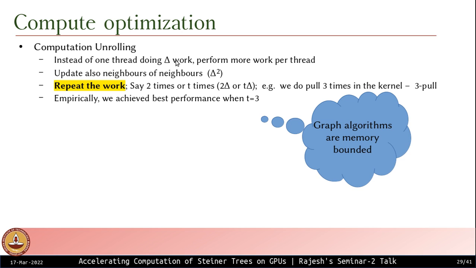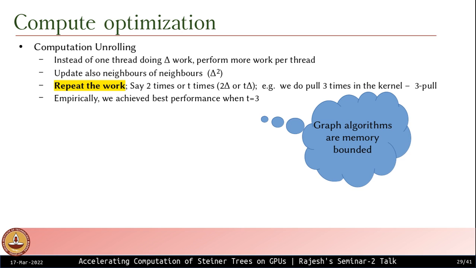What if we give more work, so that instead of updating only its neighbors, a thread updates the neighbors' neighbors as well? That is delta square.